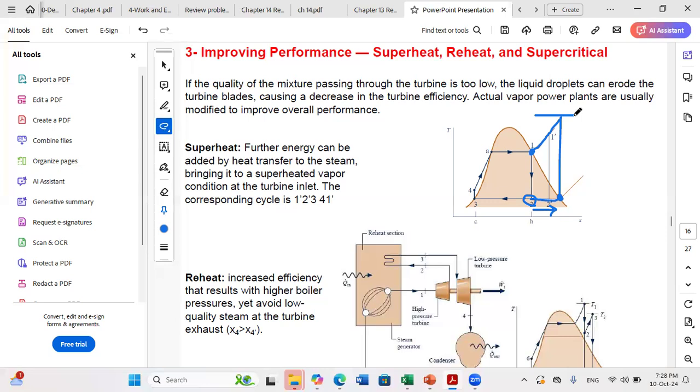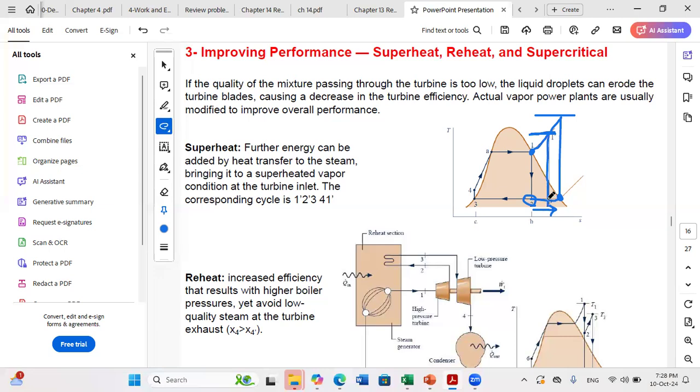If you exceed this temperature, you can deteriorate the material of your turbine and it will not work properly. Okay, so here we should pay attention to what is the limit, what is the maximum temperature allowable. This will limit, if you want, the maximum quality at the exit of the turbine.